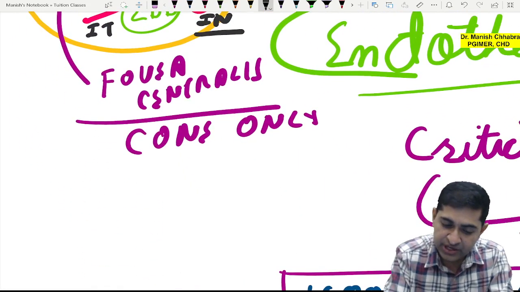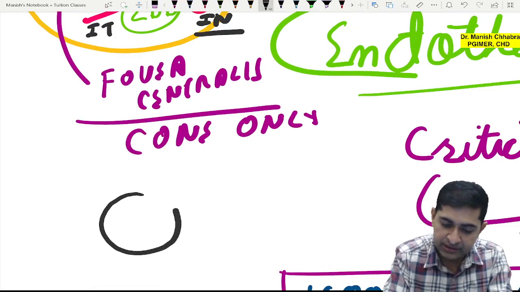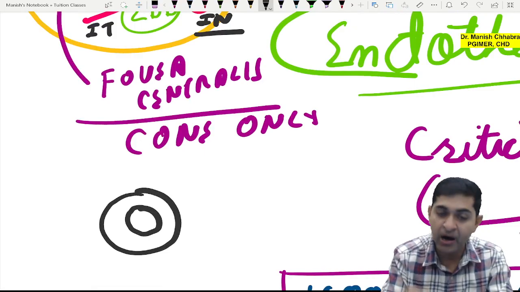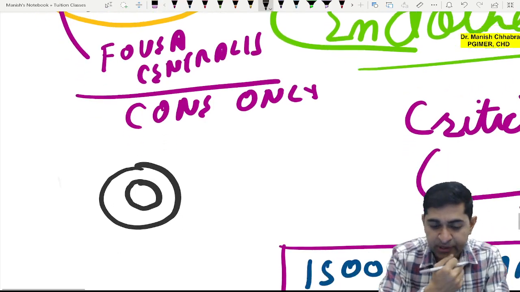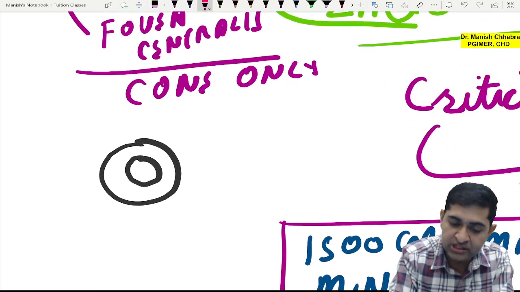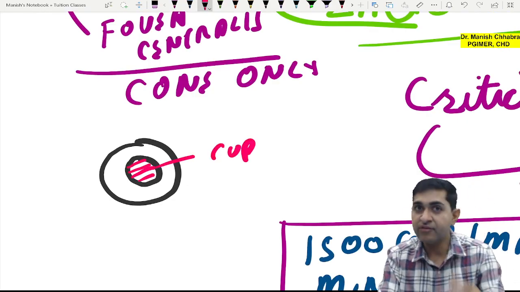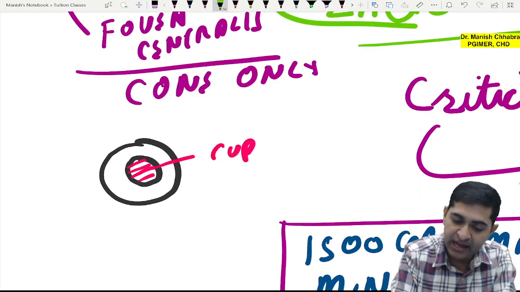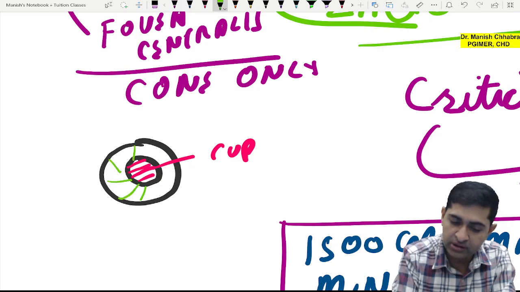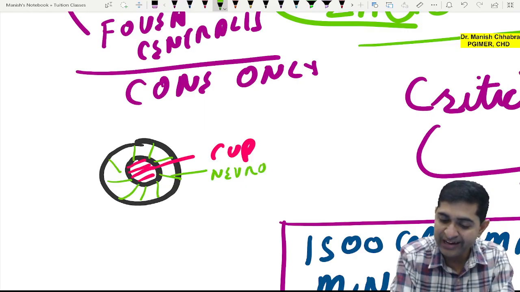Now let's take the optic nerve head outside. I have taken the optic nerve head out. Now optic nerve head is divided into the central cup, like we have got cup and we have got saucer, and the peripheral part, which you call neuroretinal rim. What is neuroretinal rim?